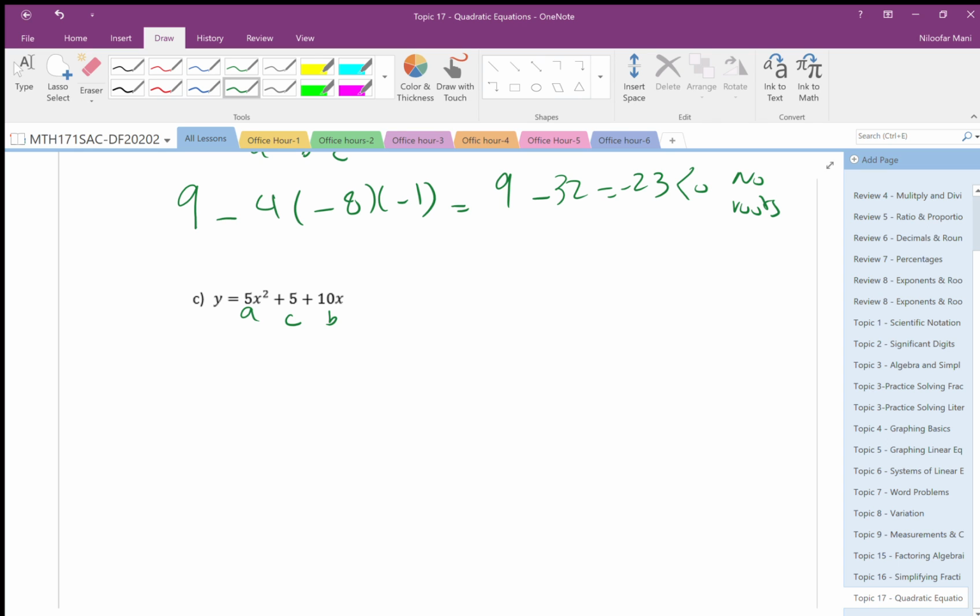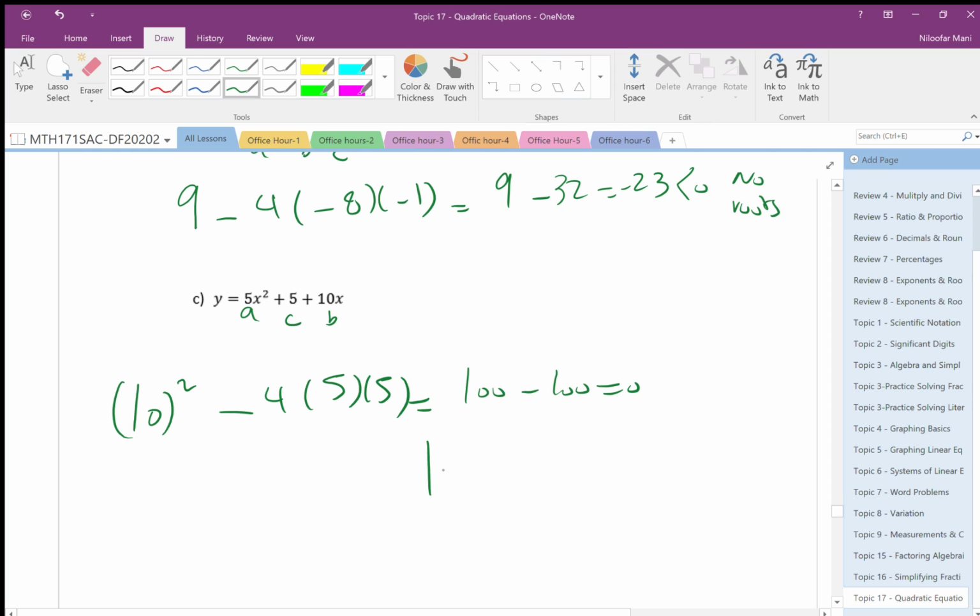Beside x squared is A, beside x is B, beside just a number is C. So B squared is 10 squared minus 4 multiplied by 5 multiplied by 5, which is 100 minus 100 equals 0. So one root, because under the radical is 0. Plus minus radical 0, plus minus 0. So I just have one answer. Okay?